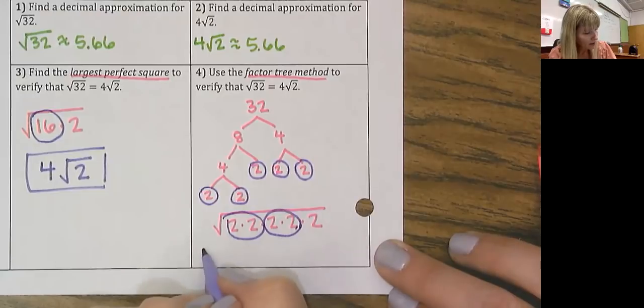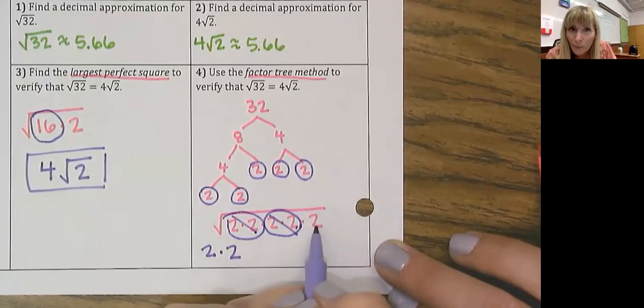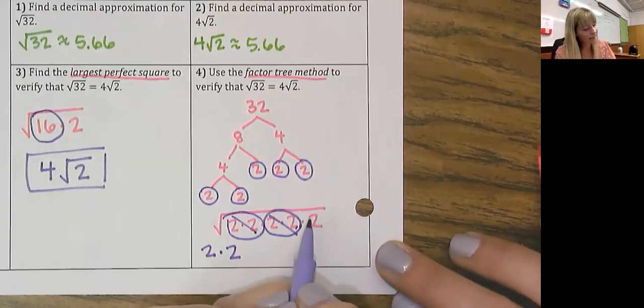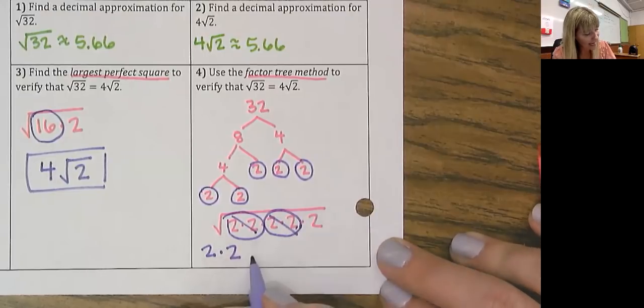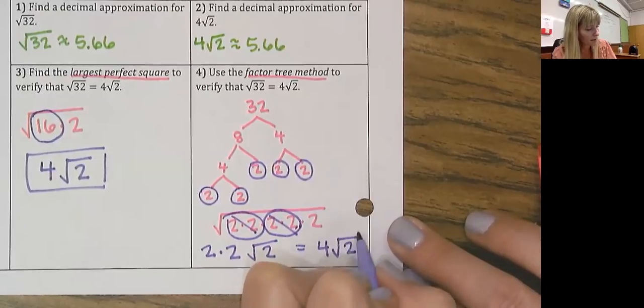So I'm going to take out a 2 for this pair, and a 2 for this pair. They were factors, so they're still going to be multiplied. Does this one have a pair? No, that's just a single 2. That one has to stay inside the radical. And watch if I clean this up: 2 times 2 is 4, square root of 2.